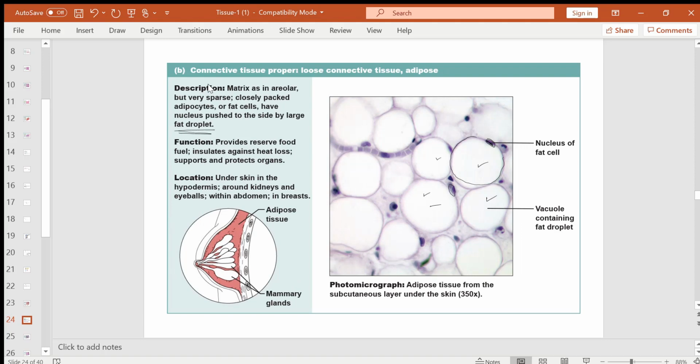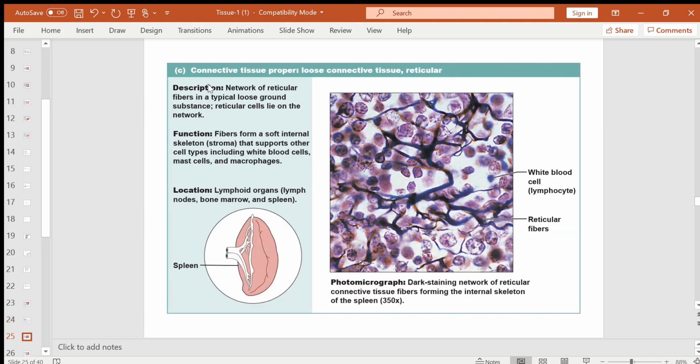Then another type of loose, reticular. You see these thick fibers, dark colored reticular fibers. And as I mentioned, in the lymphatic organs and spleen, tonsils, bone marrow, right? In those organs, you'll find the reticular type of connective tissue. Then dense regular.